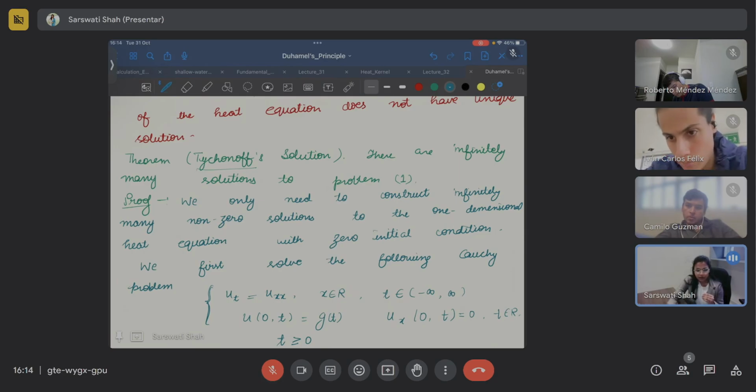Which kind of boundary condition is it? The first one is Dirichlet and the other is Neumann. So this is a Robin condition.